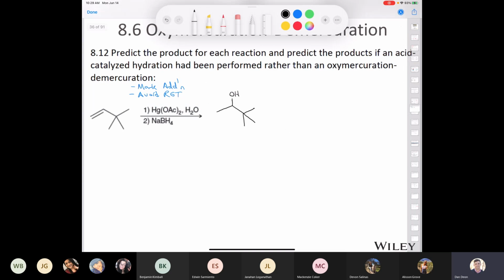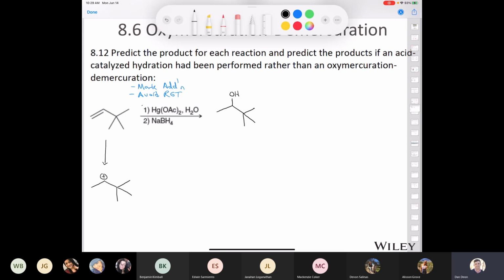Now it says, write down what would happen if you had done an acid catalyzed hydration. Look, I think it might be handy for us to write out a mechanism. I'm not going to draw the mechanism for the first step because I don't want anybody to get confused with this. But in the first step, we get the Markovnikov addition of the hydrogen going to the carbon that possesses the most hydrogens.